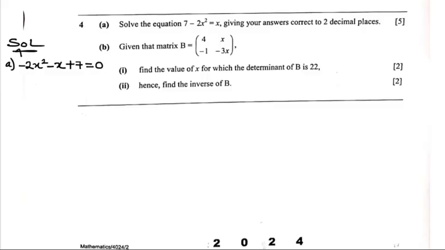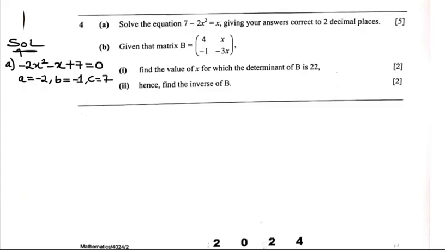So now the equation is in the form ax squared plus bx plus c is equal to 0. So we can get a, b, and c. a is equal to the coefficient of x squared, which is negative 2. Then b is the coefficient of x, which is negative 1. Then c is the constant, which is 7.